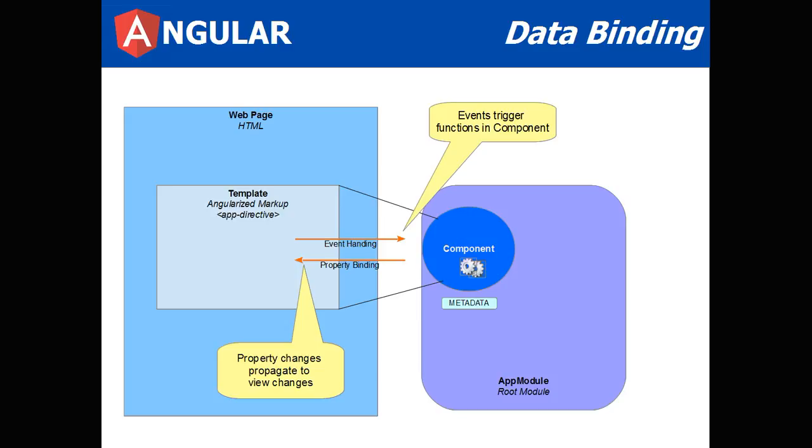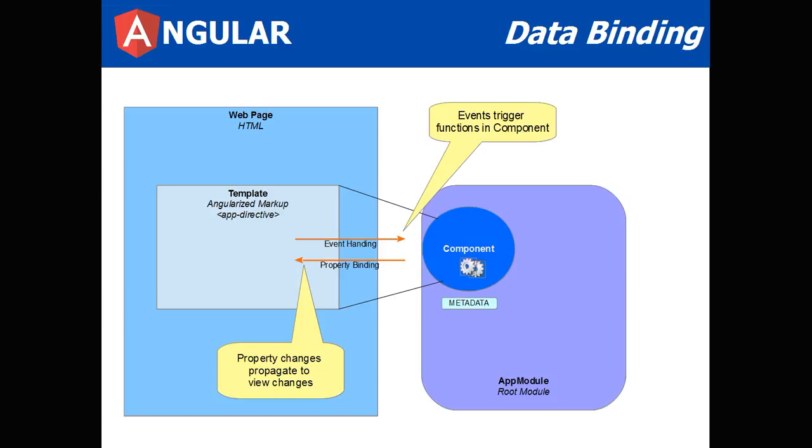And the power comes in with the event handling and the property binding. When data is initialized in the component, let's suppose the component gets constructed and it calls a web service and data state changes, that data attribute could be bound to the markup fragment.